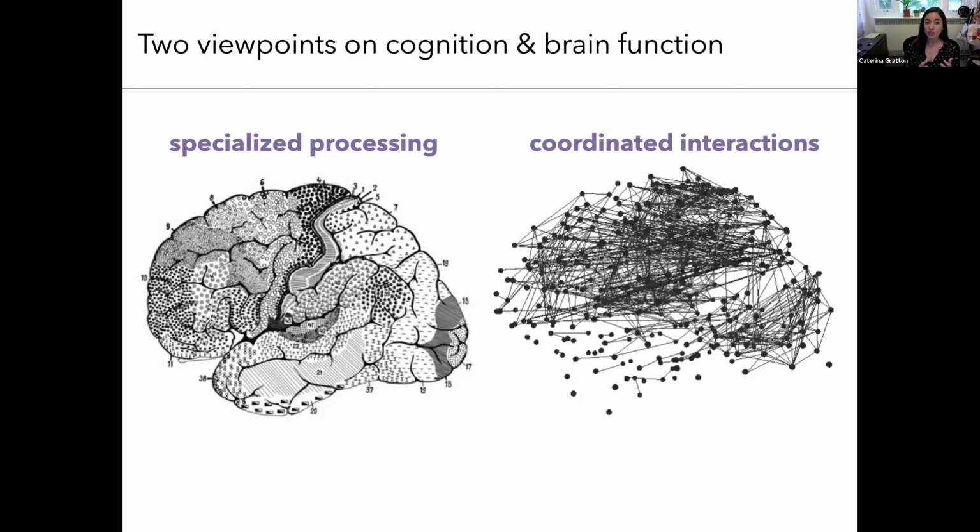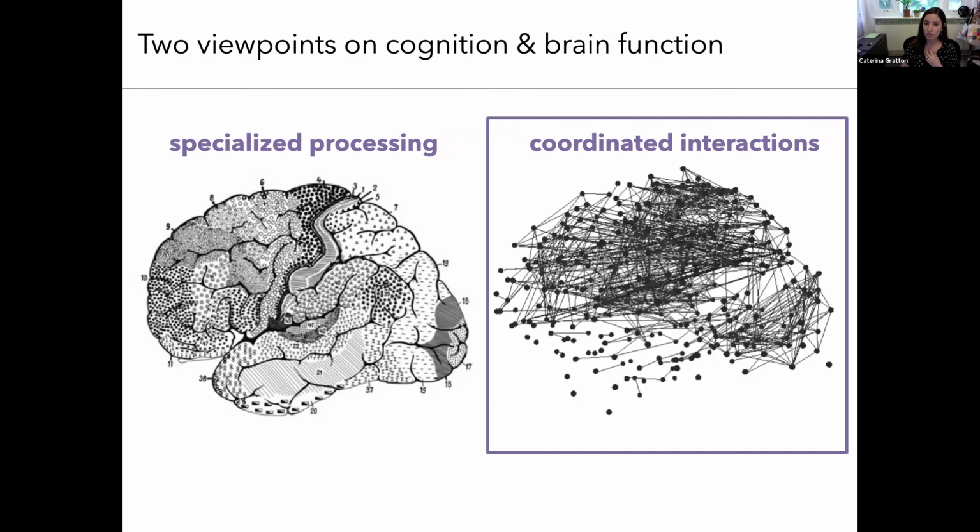In contrast to this localized processing perspective, another perspective on brain function emphasizes instead the interactions that are occurring between different brain regions, so a more distributed processing perspective. And of course, we might logically think that both of these must work together for brain function, but with functional connectivity approaches, instead of more basic evoked activation style approaches, we're focusing more on understanding the coordinated interactions that are happening between different brain regions.